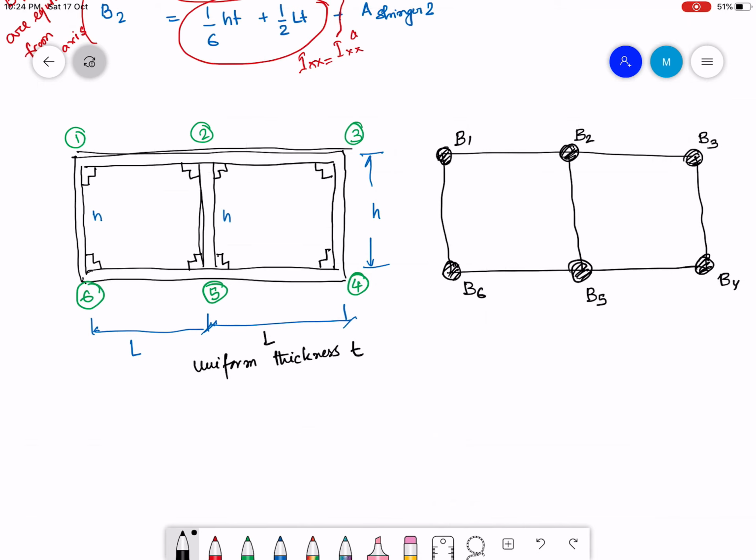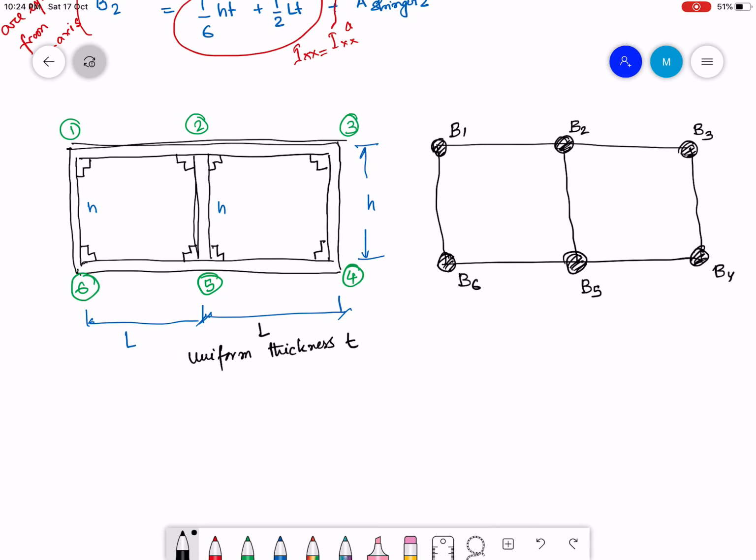Let us consider a two-cell component of an aircraft, or a two-cell thin wall beam with a two-cell cross section, and I have to convert it into a skin stringer idealized model. There are stringers at all these corner points from 1 to 6, and I have to place a boom there: B1, B2, B3 and till B6.